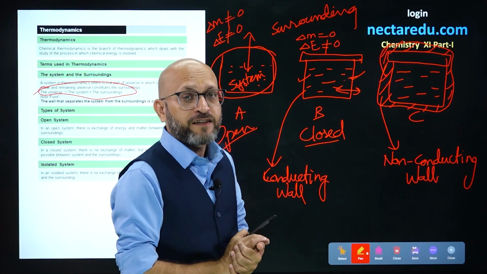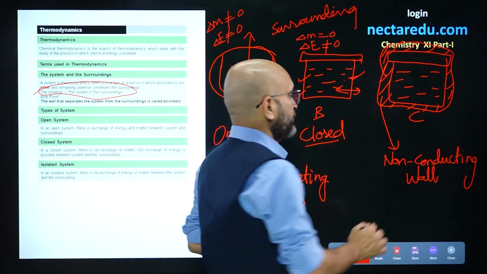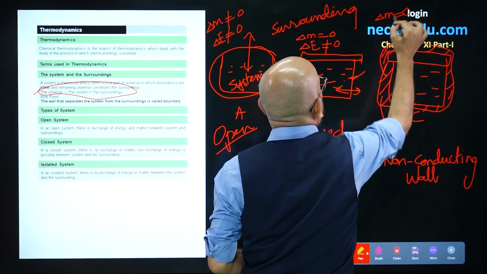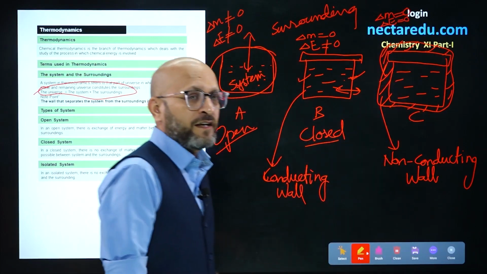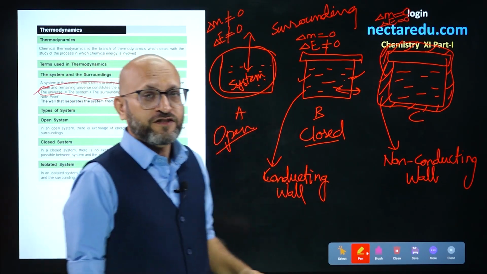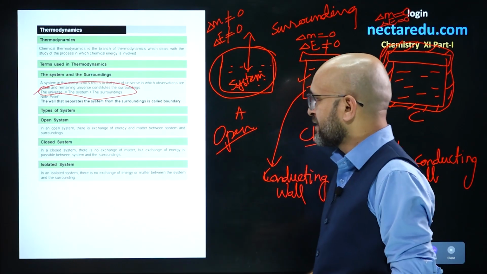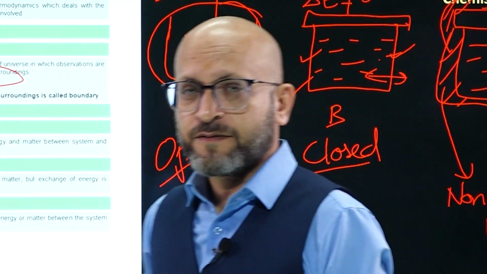That means change in mass and change in energy are 0, right? So delta M equals 0, and delta E equals 0. That means in an isolated system, no exchange of mass as well as no exchange of energy happens. So these are the three main types of thermodynamic systems.